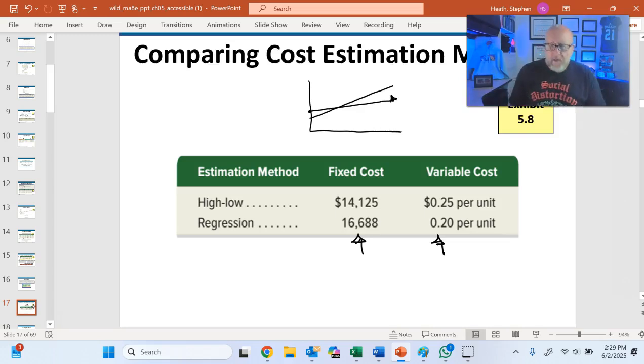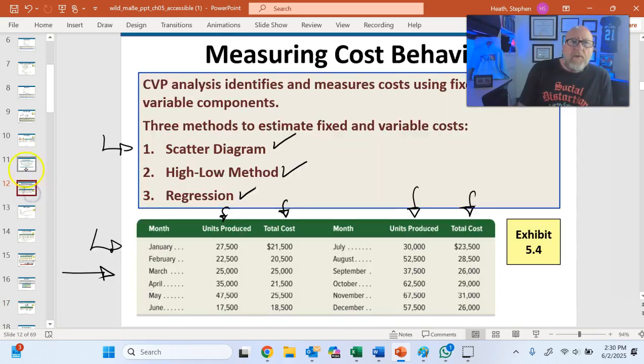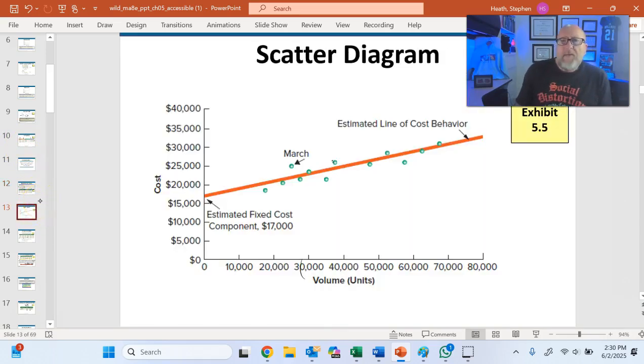Which one is more accurate? In all fairness, the regression analysis is probably going to be more accurate if we have more data. You usually need about 12, but I would say between 15 and 20 data points, in order to realistically use regression. However, using high-low is still okay. The reason we're coming up with two different formulas is that if we go back and look at the scatter graph, some of the data points are not on the line.